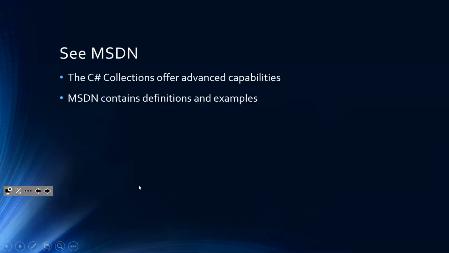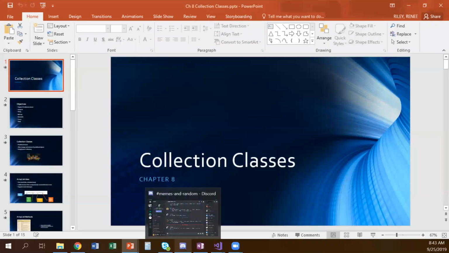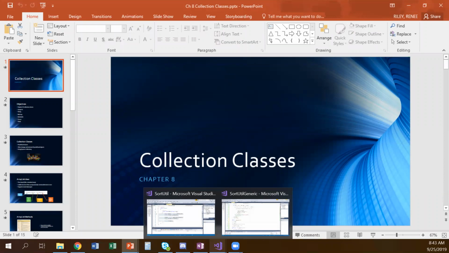Now there's lots more. Oh my gosh, you would never get to the end of all of the classes that are available with C#. So you could just look forever and ever. I want to show you our sort. I don't want to do it together.